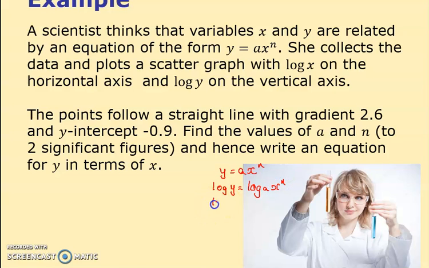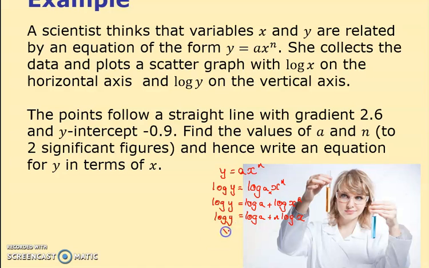If you remember what we do, I'll do it properly this time. That's log a plus log x to the n, and then the n comes to the front. I'll just rewrite it here: log a plus n log x, and that's equal to log y.